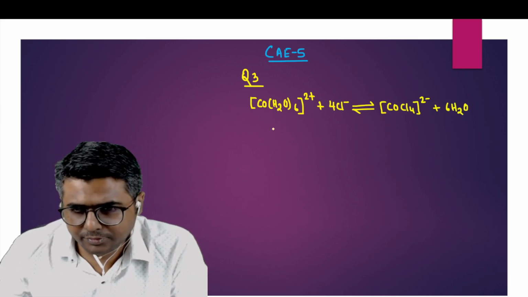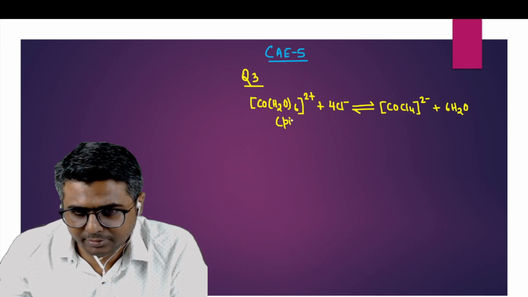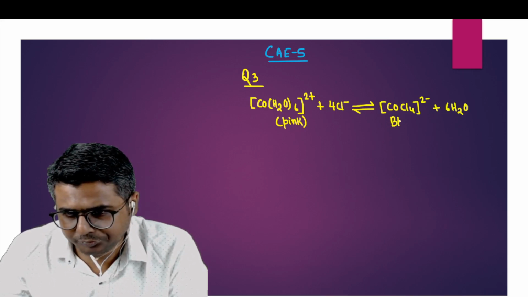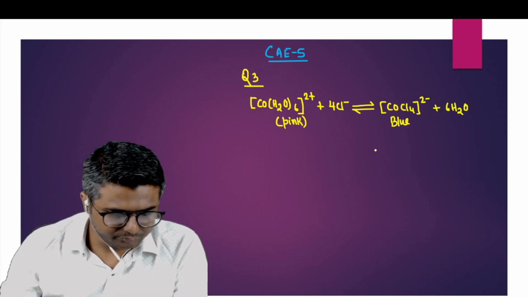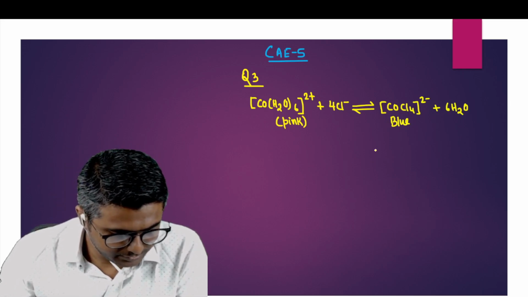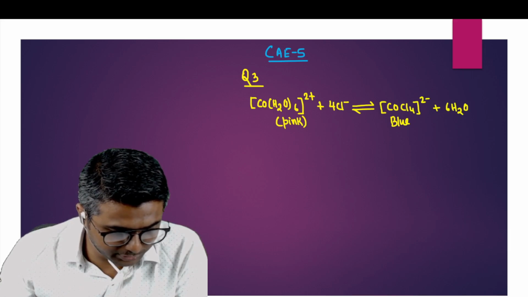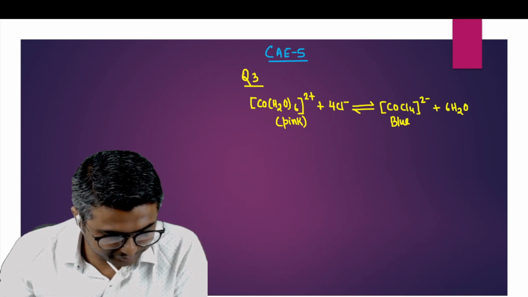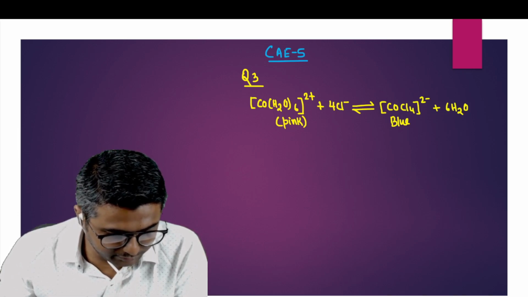This is given as pink. The solution is blue at room temperature, however, it turns pink when cooled in a freezing mixture. Based upon this, which of the following expressions is correct for the forward reaction?